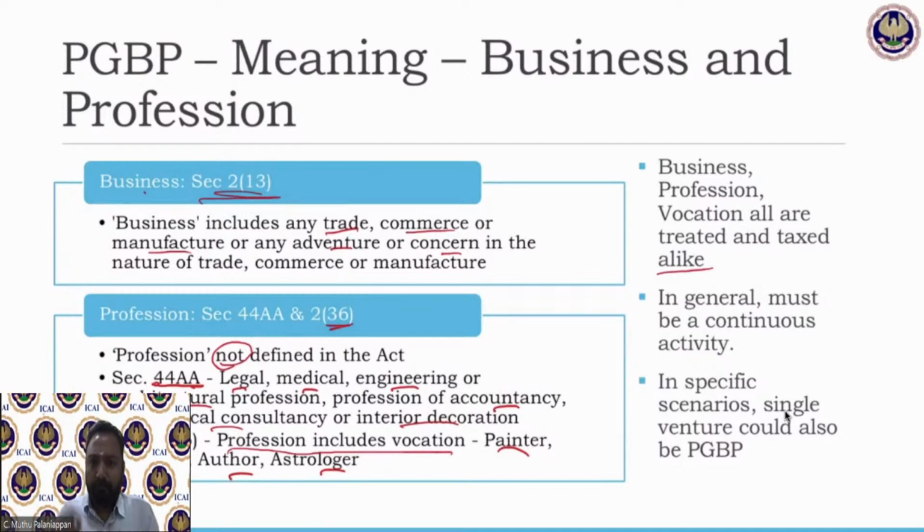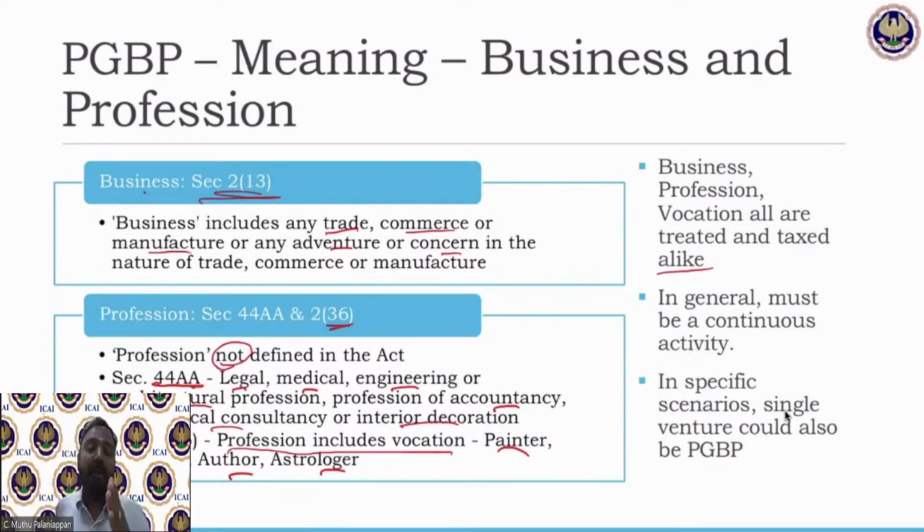Now, when we say there is a trade activity or a commerce activity, some business activity, the general understanding, if you think what a business is, you generally think it is a continuous activity. That is, it happens during the year, right? For example, take any company, take Zomato. What does Zomato do across the years?